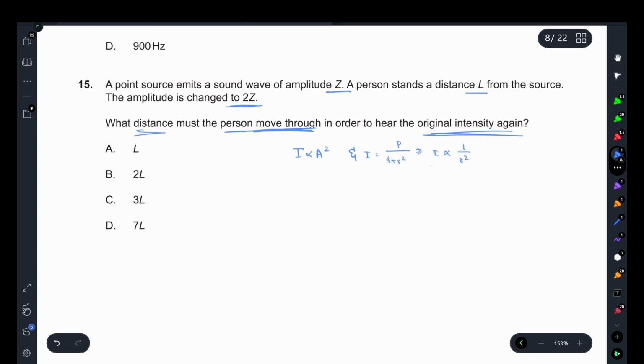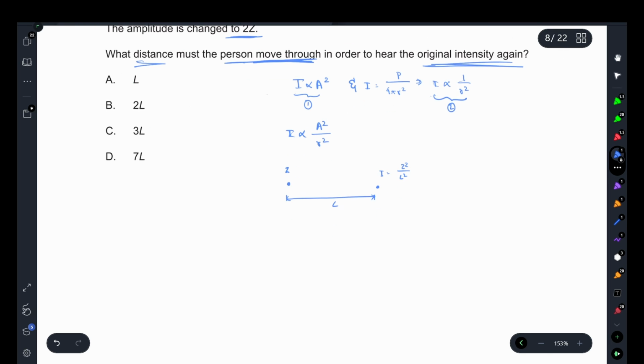If we put these together, let's call this 1 and this 2, intensity is proportional to amplitude squared by distance squared. If we have a point source emitting amplitude z at a distance l, your intensity is going to be z squared by l squared.